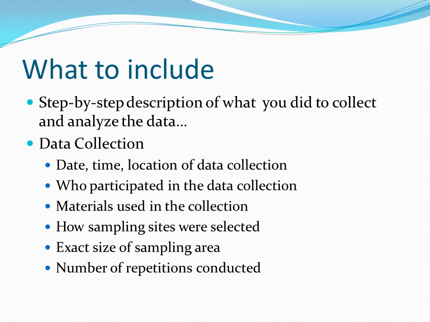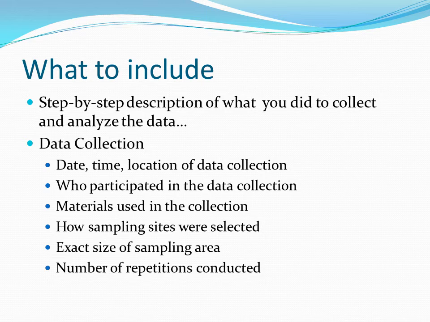How sampling sites were selected. And you need to say, okay, we decided to focus on rocky areas with the south-facing slope and took them 1 meter radius of a circle, and that's what we did our sampling on.